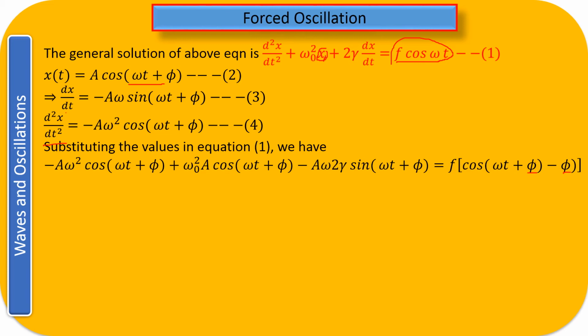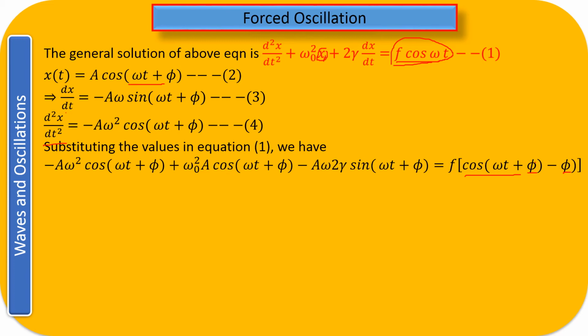It remains the same equation, f cos omega t. Why have I done this? Because I can use the formula for cos a minus b, so that I can solve the equation on both sides.